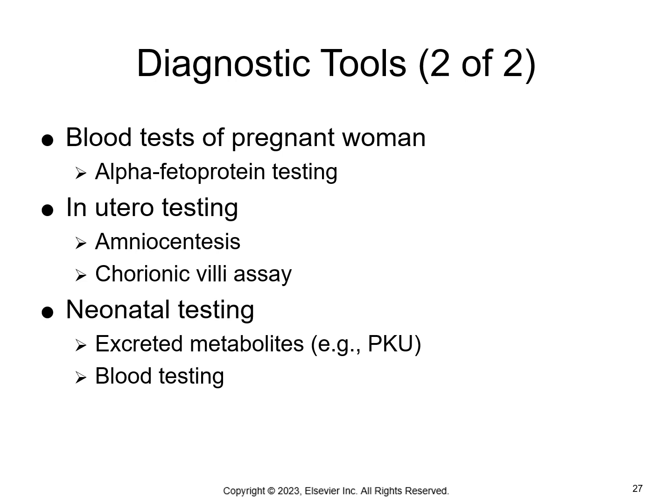We can do blood tests in pregnant women called alpha-fetoprotein testing. We can do in utero testing, amniocentesis or chorionic villi assay, or neonatal testing for excreted metabolites like for PKU, or blood testing in the baby when the baby's born.